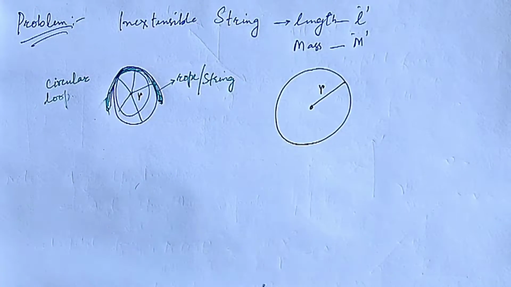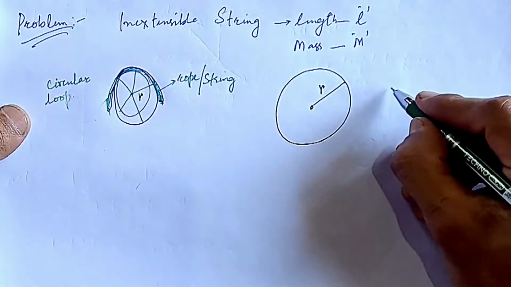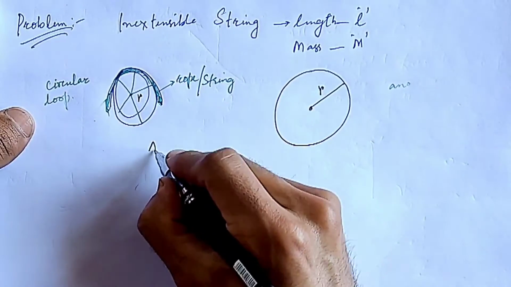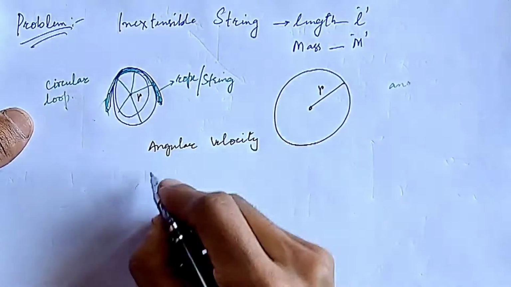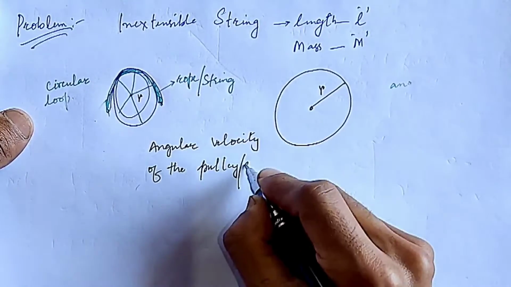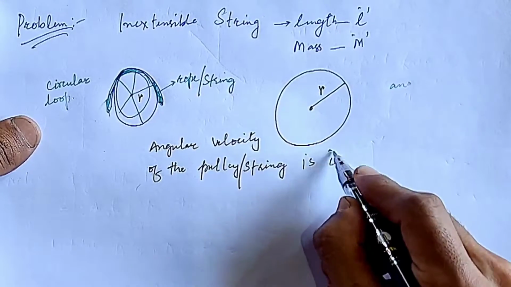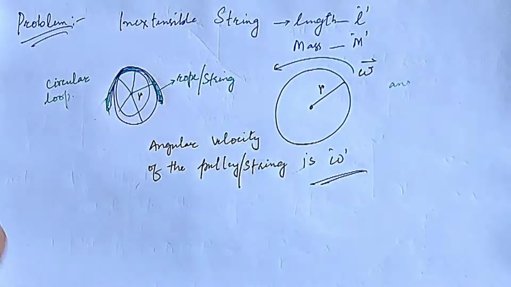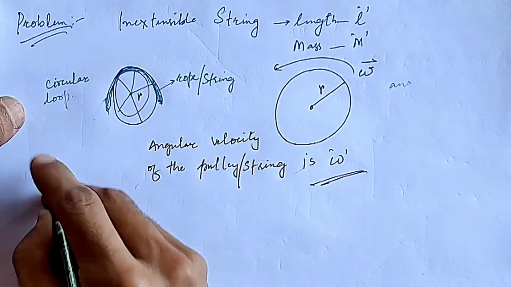Now the angular velocity of the pulley, which ultimately will be that of the string because the string is attached to the pulley, is omega. So the angular velocity is omega. Fine. We have to find the tension in the string.